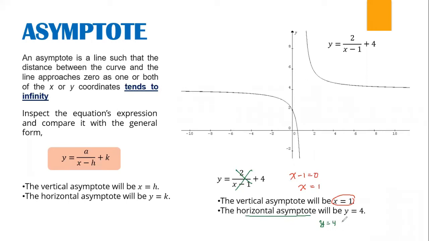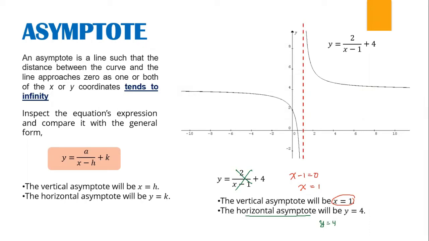Is it clear to everyone? Now we are going to sketch the asymptotes on the grid. Asymptote means no intersection, but the line tends to infinity. Here are the asymptotes. The vertical asymptote, x equals 1, and this is the horizontal asymptote, y equals 4.